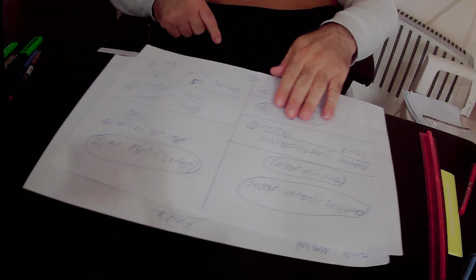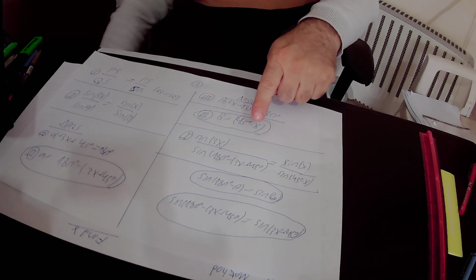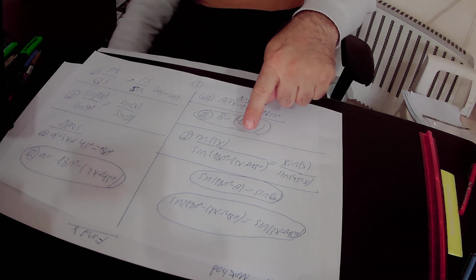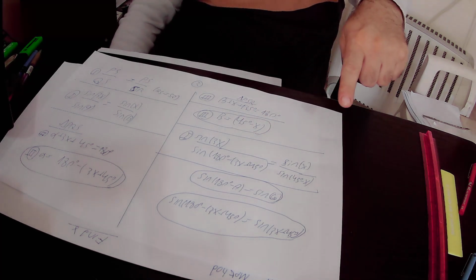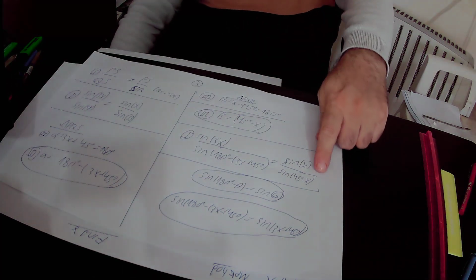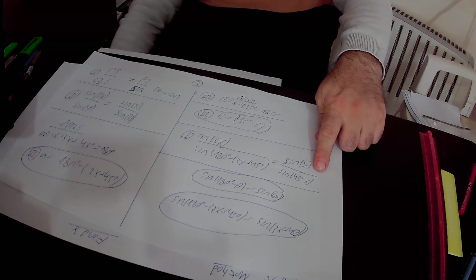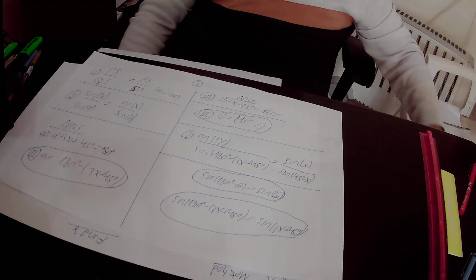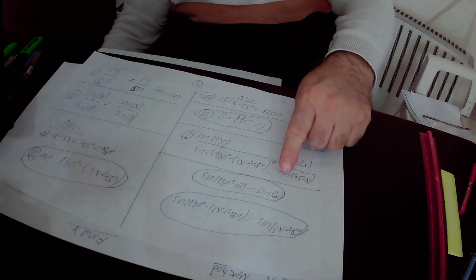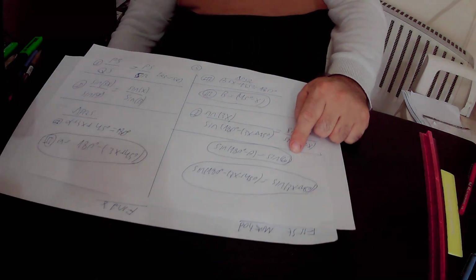So we did it here, and we got that sine 3x over sine alpha, which is sine of 180 degrees minus (3x plus 45 degrees), equals sine x over sine beta, and beta according to equation number 3 equals 45 degrees minus x. And we have the trigonometric identity that sine of 180 degrees minus theta equals sine theta.